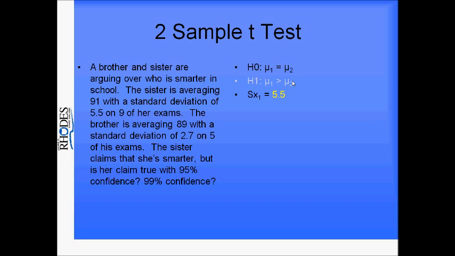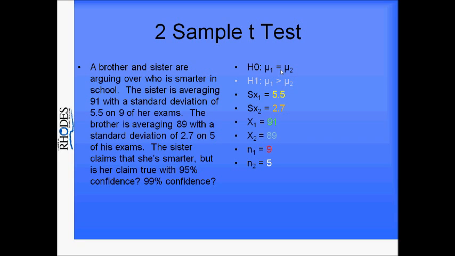Standard deviation sub 1 for the sister was 5.5. For the brother was 2.7. For the sister, she's averaging 91. For the brother, 89. So we'll go ahead and plug those in. Sample size for the sister was 9 tests, and 5 tests for the brother.